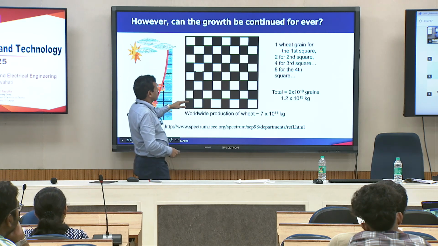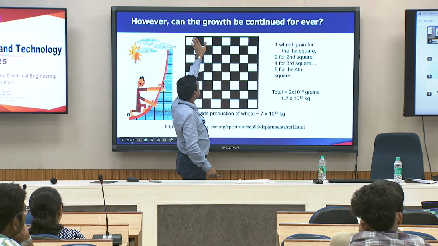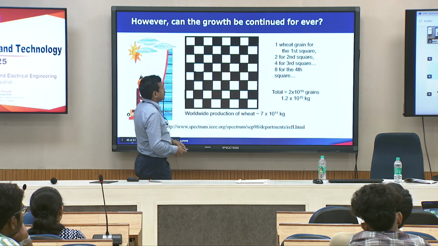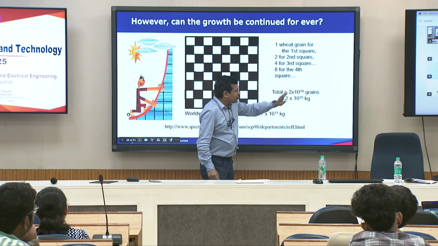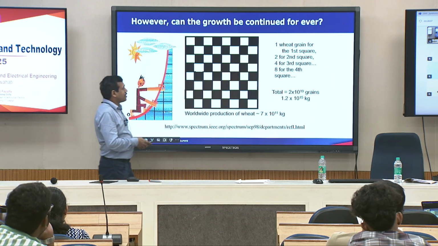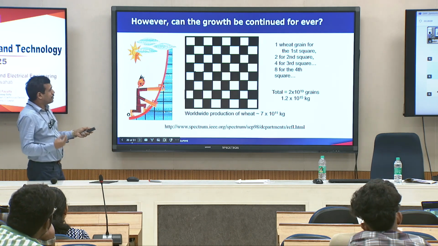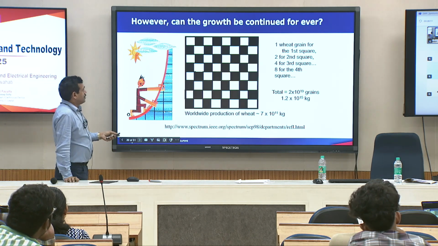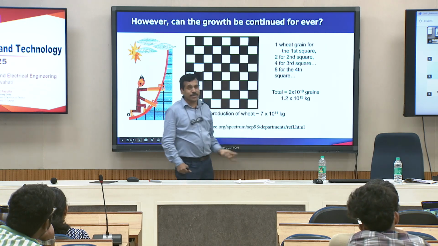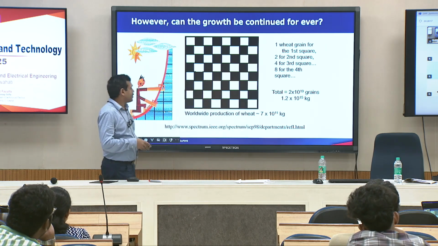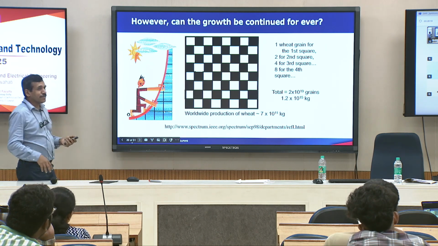If you go to the 64th square, you will need like 2 times 10 power 19 grains, which is like 1.2 times 10 power 15 kilogram, which is actually more than the worldwide production of wheat. So, obviously, that kingdom cannot deliver their promise.